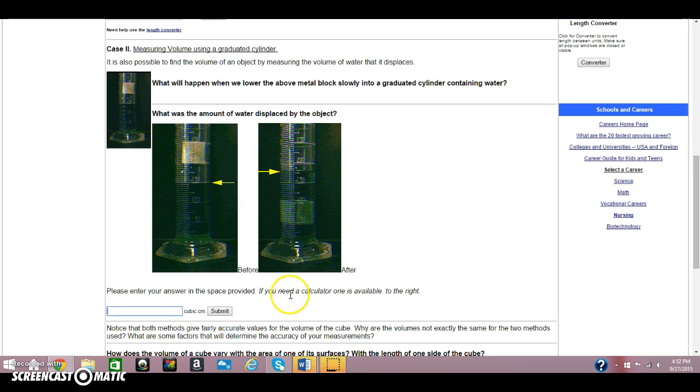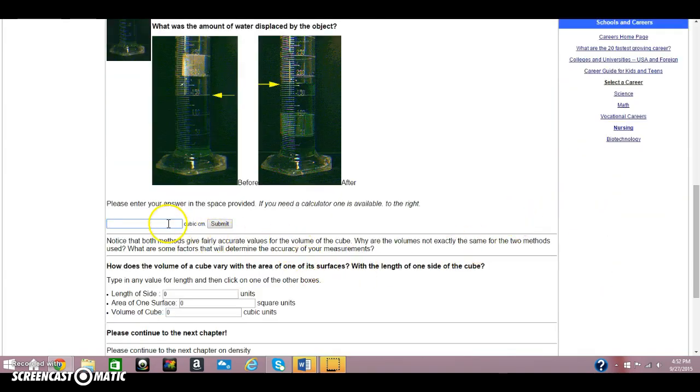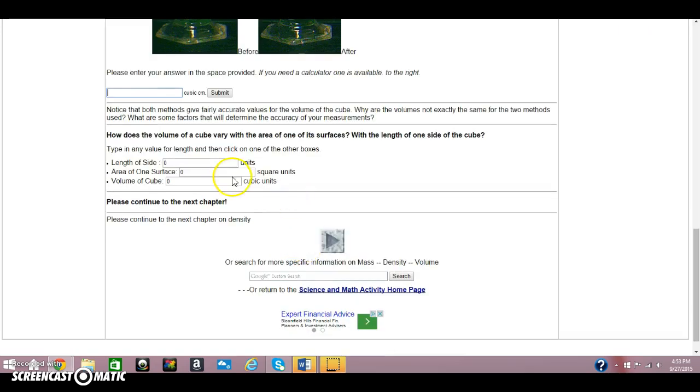Okay? So once you do all that, and once again the calculator is right there, you write it down, you hit submit, it'll tell you if you're right or wrong, and then you simply record it in your at-home journal. This is a fun little way of finding out the calculations of certain things.